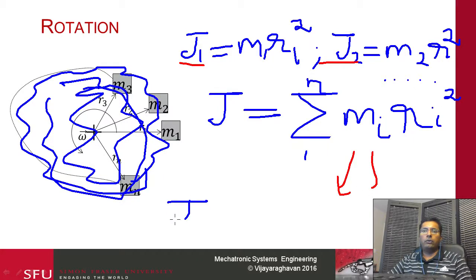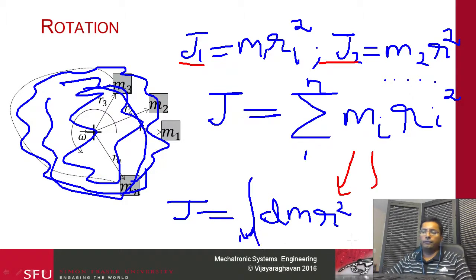So J would be an integral of dm r squared, and this needs to be done over the whole mass.